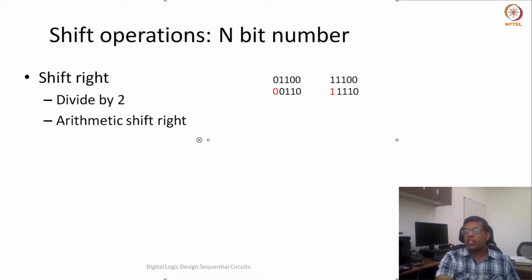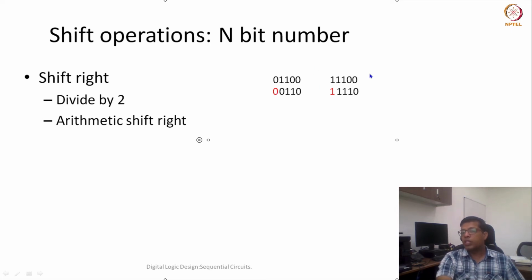It could be positive as well as negative, but it's a 2's complement number. Because it's a 2's complement number, the most significant bit represents sign. If that sign was 1, here we have to keep 1. If sign was 0, here we have to keep 0. So let's consider this also as a 2's complement number. Because it was 0 here, we have kept 0.